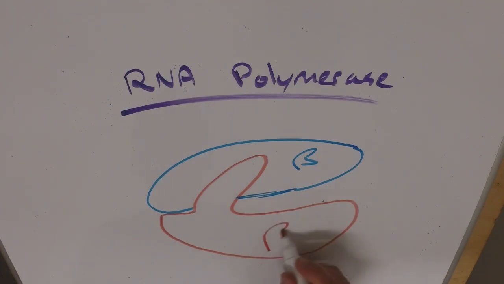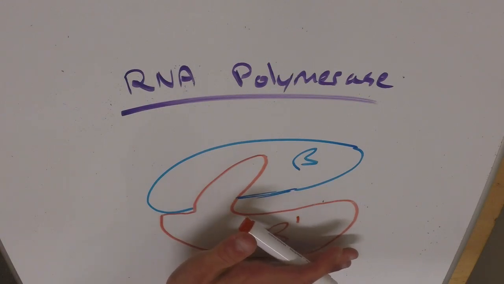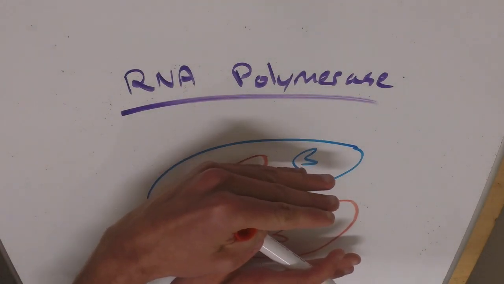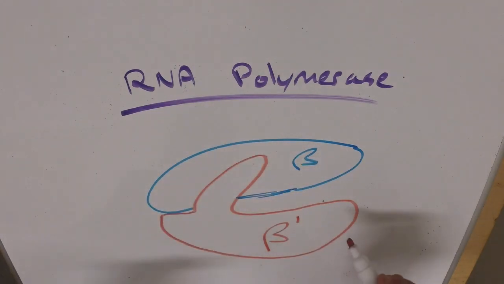And it's kind of like an oven mitt, maybe. Yeah, it's like an oven mitt. And this other one right here, you can think of them kind of being like a claw, right? And so we're going to have everything feeding through this entry in the claw.